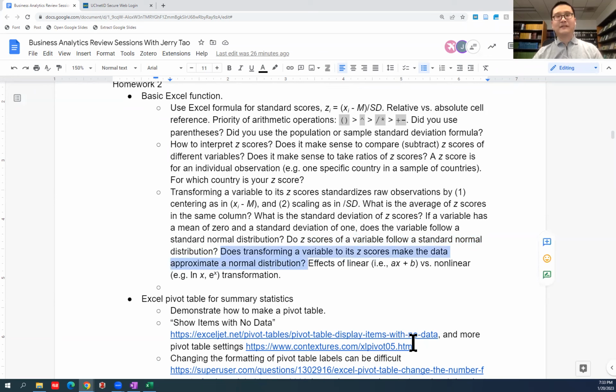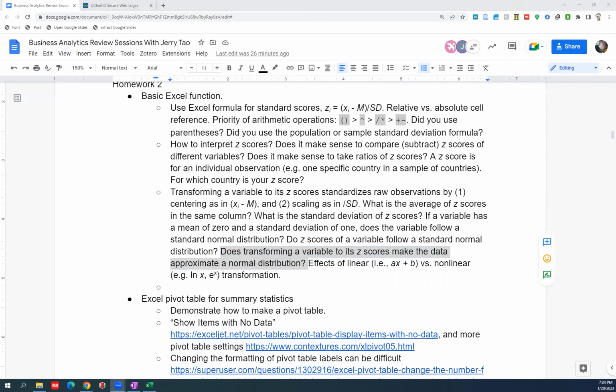Does transforming a variable to its z-scores make the data approximate a normal distribution? Do you think it should be yes or no about this question? Oh, you have 5 seconds. Oh, wonderful. No. Want to try?